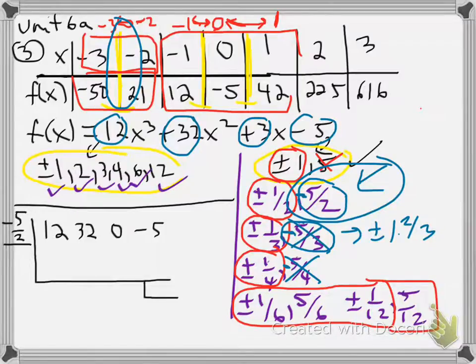So this is 12. 12 times -5/2 is -30. So it leaves me a 2 here. The 2 and the 2 on the bottom of -5 over 2 cancel out, and you're left with -5 here.